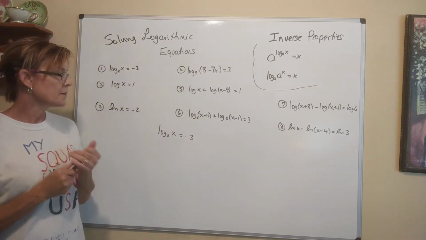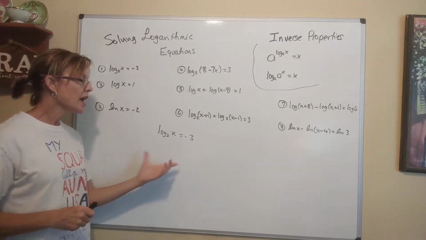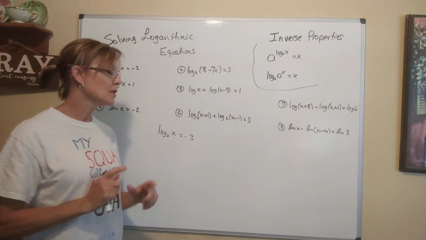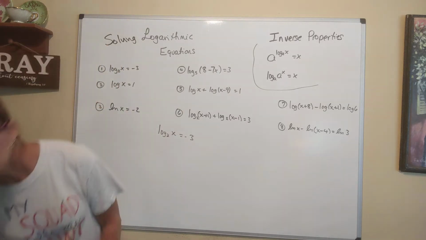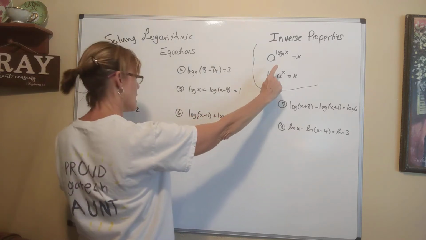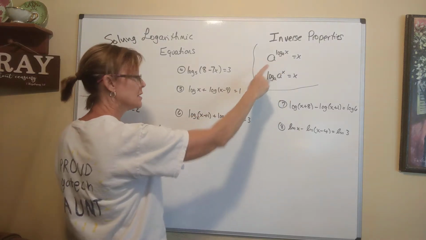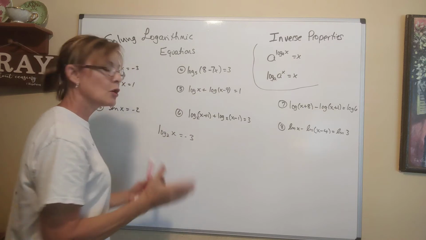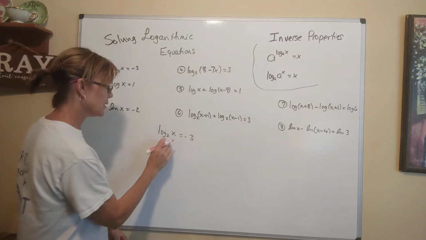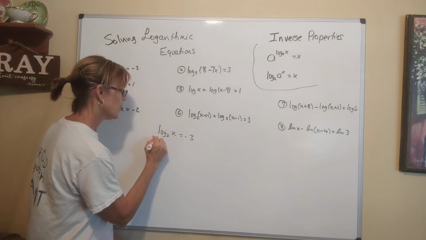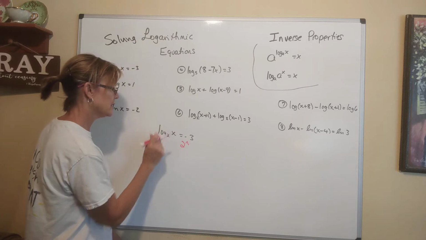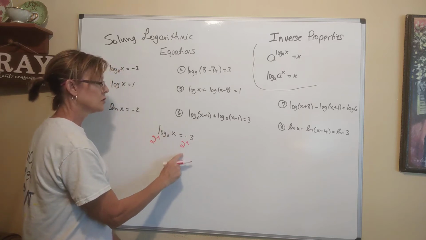I'm going to look at this and say, if I were to raise both sides of this equation by the base, and the base here is 2, so I raise both sides of the equation to the power: the base 2 raised to this is equal to the base 2 raised to this.